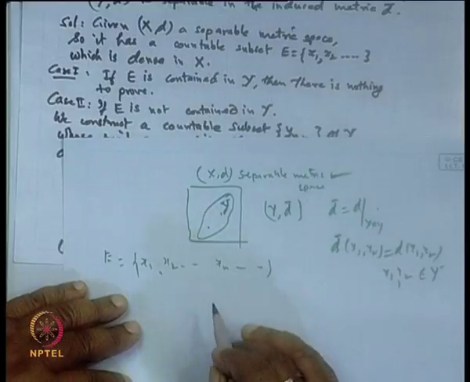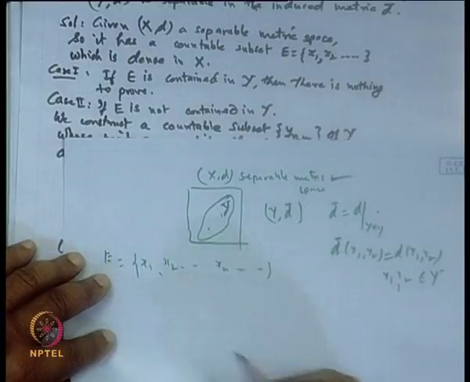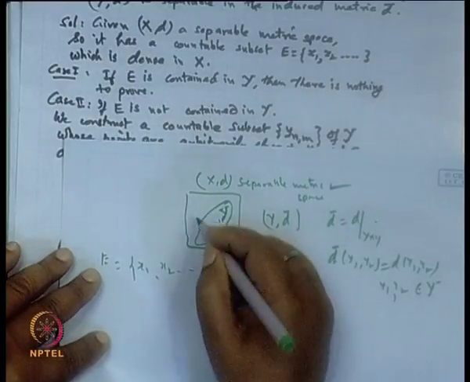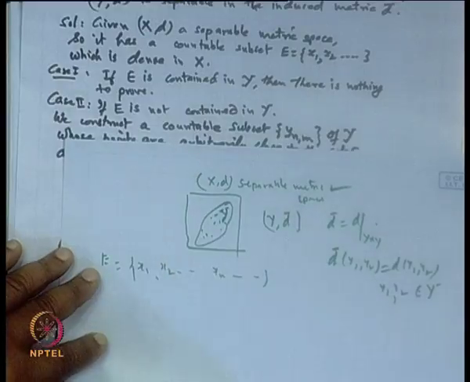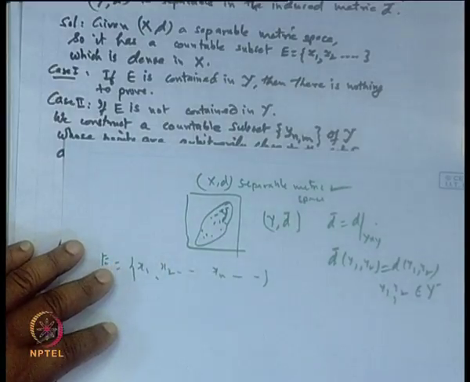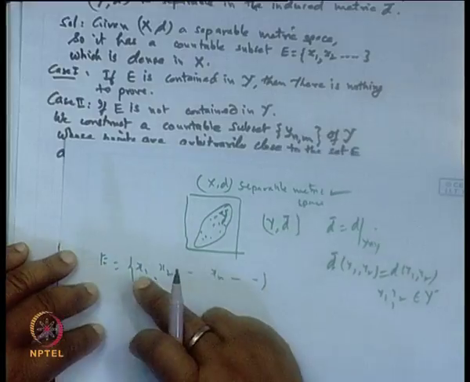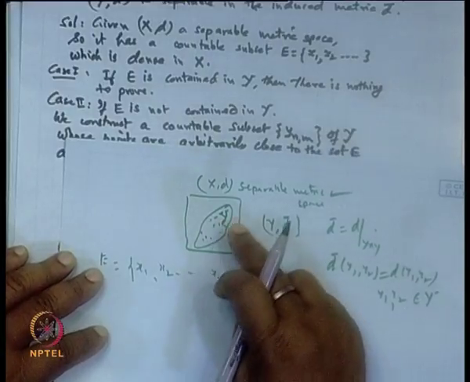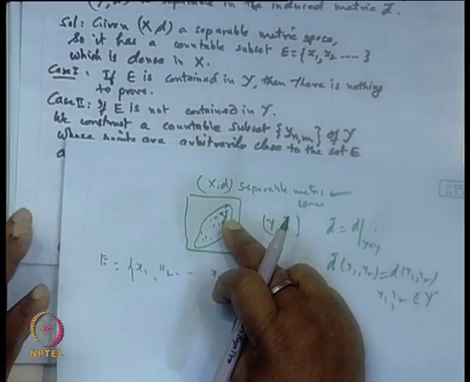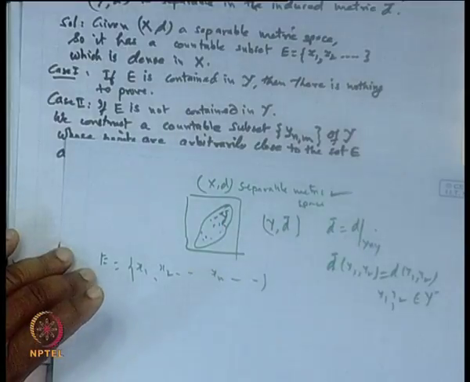Okay. Now, if this set E is contained completely inside Y, then our problem is solved, because then E is also countable as well as dense in Y. So, there is nothing to prove, Y will itself be separable.